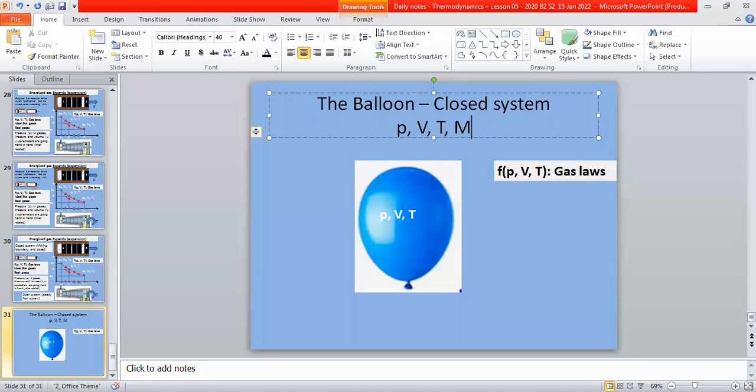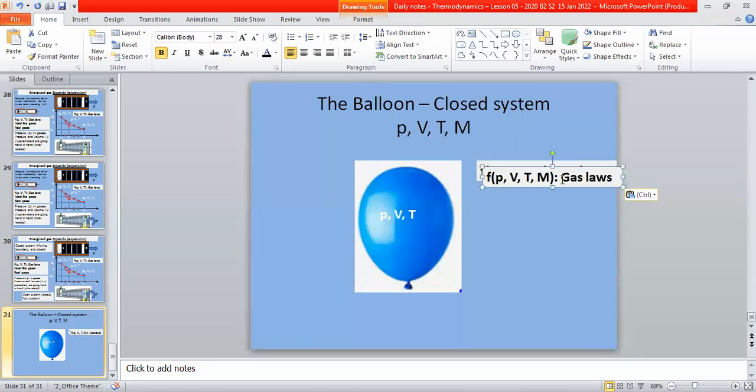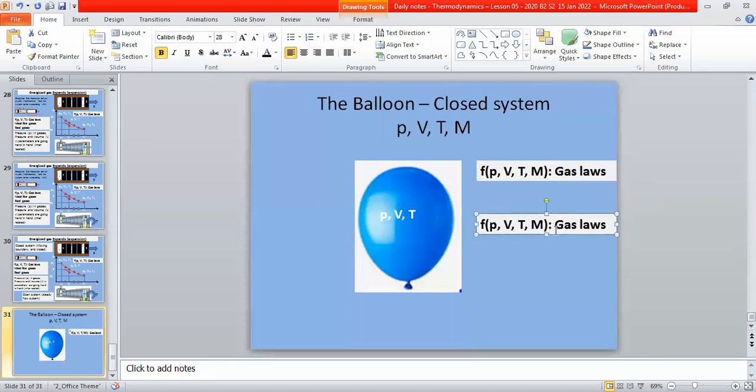Okay. So PVT, and more precisely, you have to add mass as well for the gas laws. If not mass, there should be this V as the small v, meaning volume per unit mass. Then you no need to have this.